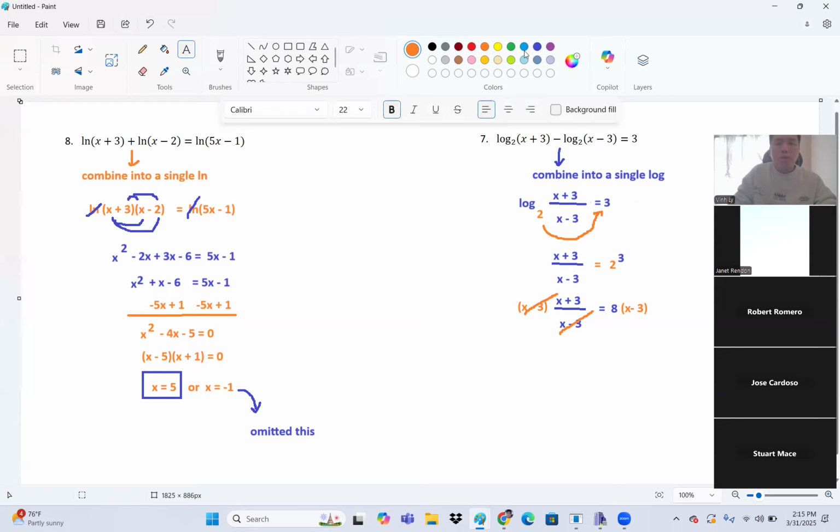And then you're gonna have x plus 3 equal to 8x minus 24. Then we can solve for that. So we have 7x equal to 27, so therefore x equals 27 over 7.